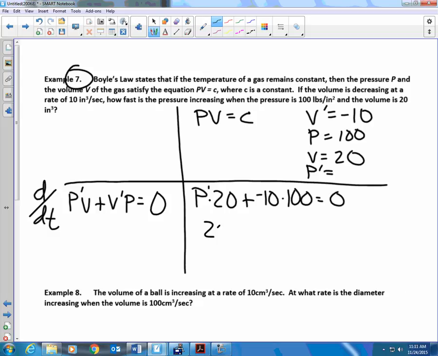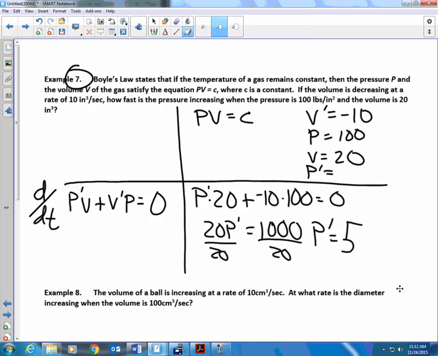So 20 P prime is equal to 1,000. When I multiply negative 10 by 100 and add it over the other side, I get 1,000. We divide by 20, and P prime is equal to what? 50.